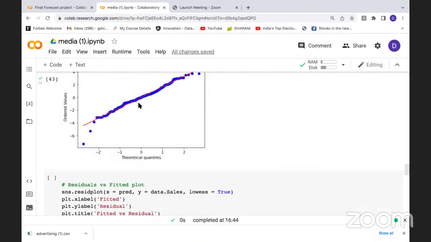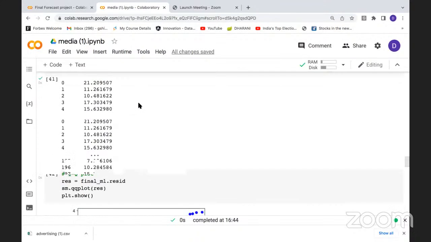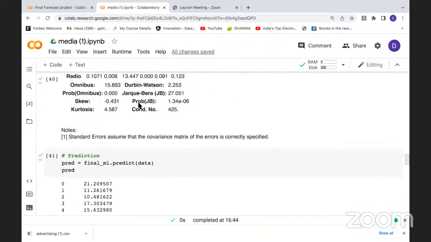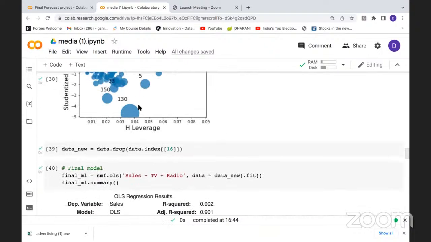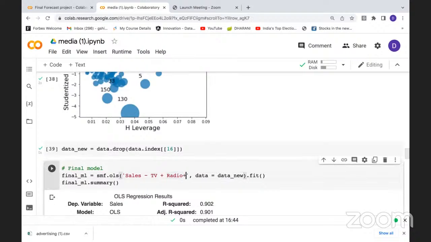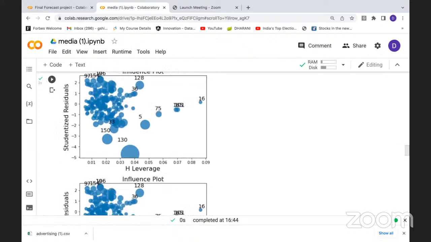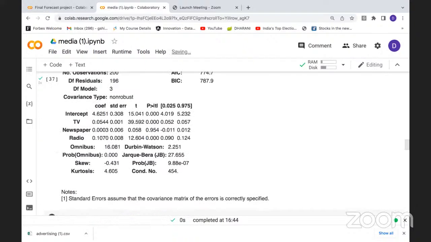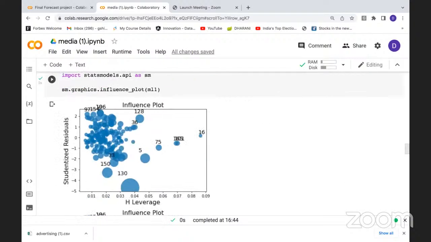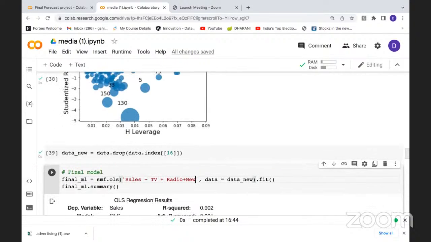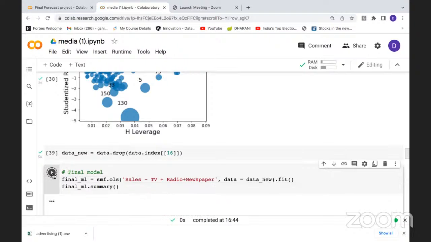So if we don't want to delete it, you have to put newspaper here, capital N, small p. Fit the model.